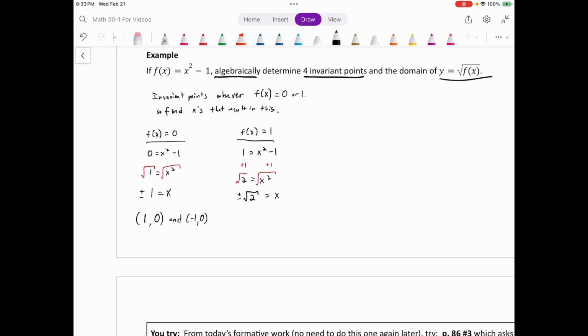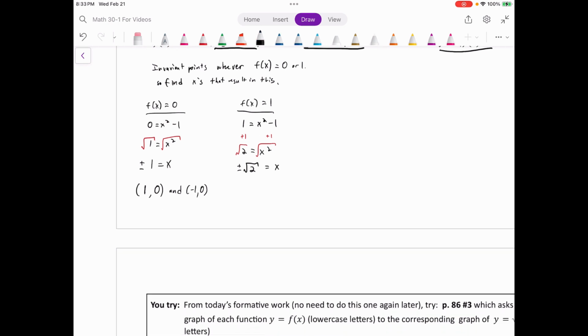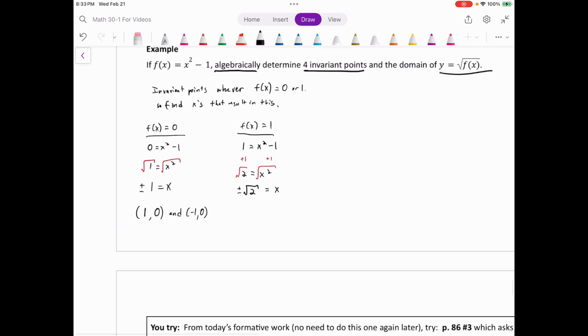Root 2 is perfectly valid. That is an exact value. It's not rounded like you're going to have to do if you try to round the irrational 1.41 repeating forever that you get if you take the square root of 2. We know from working with radicals in the past, sometimes it's best to just leave it as root 2. So that's what I'm going to do. That's a perfectly valid number. Okay, so we know that when x is negative or positive root 2, y will be 1 on the original function.